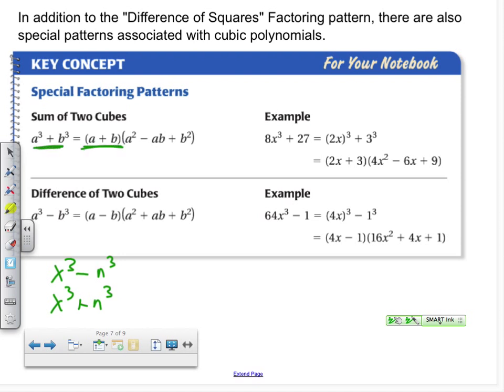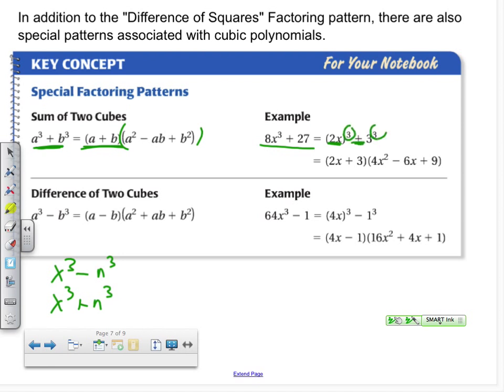Your sum of cubes, a cubed plus b cubed, would be a plus b, and then a squared minus the multiplication of the 2 terms plus the second term squared. Right? 8x cubed plus 27. Notice that 8 is 2 cubed, so this is really 2x cubed plus 3 cubed. You got 2 cubes that are being added.